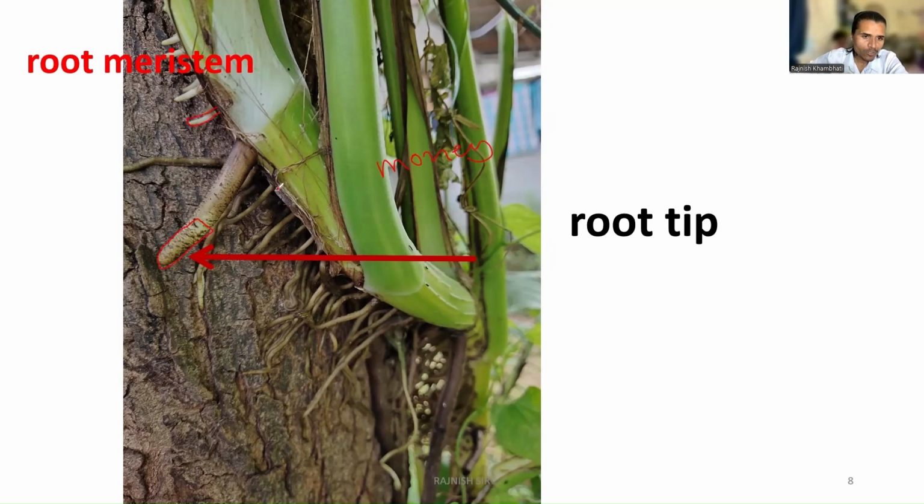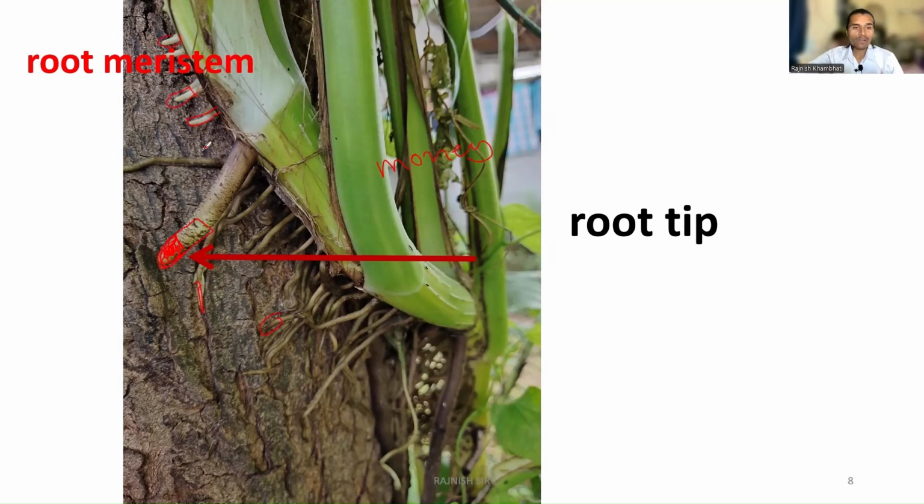So these roots are outside. I am showing you this image so that you can see this is a root and this looks like the tip of a root. Everywhere you can see this is the tip of a root, and the tip looks something different.